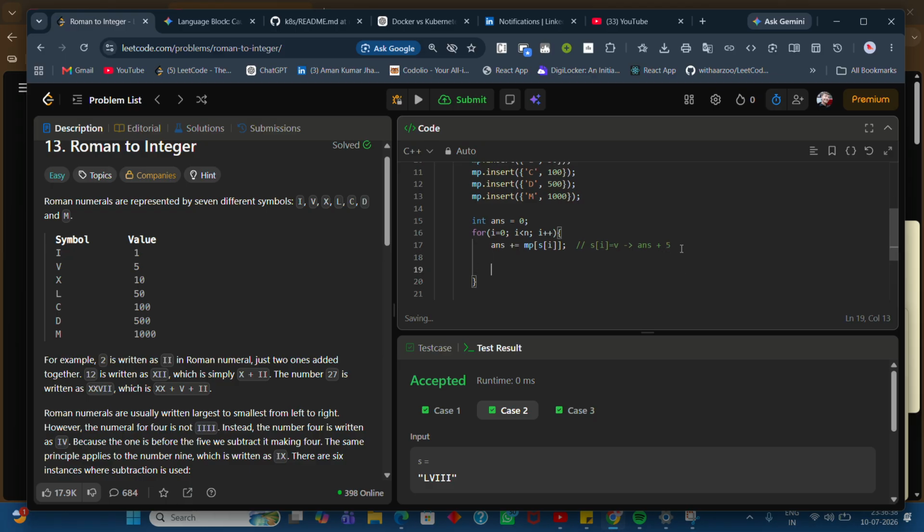Okay, simply next write the condition. What is the condition? The condition is simply when the left is smaller than the right character.